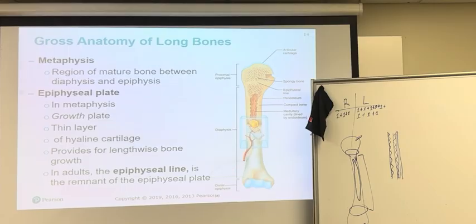That lengthening happens in the metaphysis. There is a place in the metaphysis we call the growth plate, which is a thin layer of hyaline cartilage that provides for lengthwise bone growth. Whenever we become adults, that growth plate turns into the epiphyseal line. Whenever it turns into the epiphyseal line, we do not grow taller anymore. Okay, we stop growing taller.